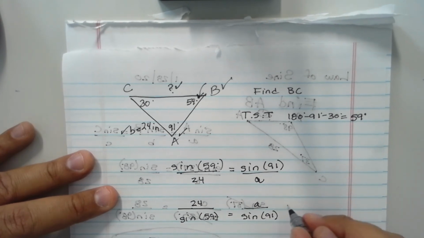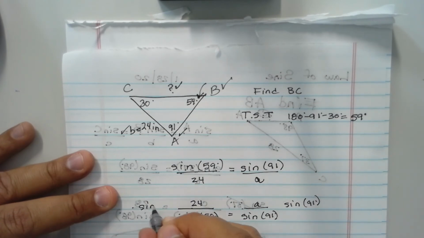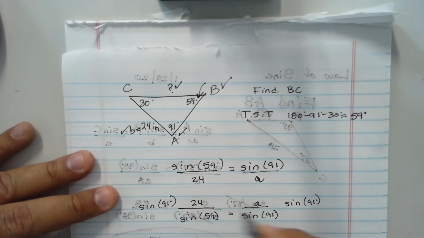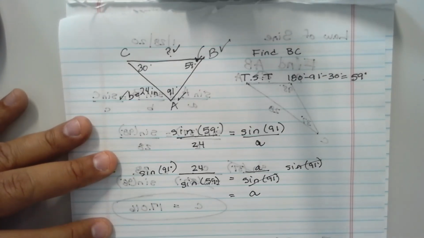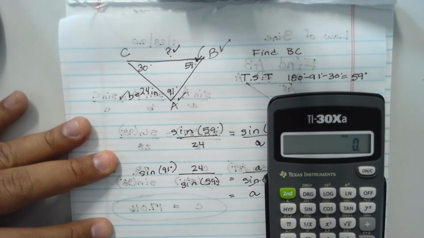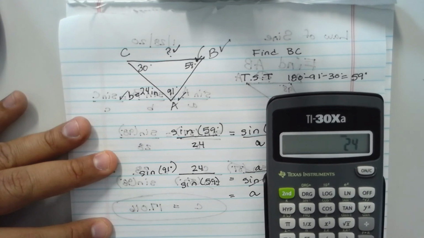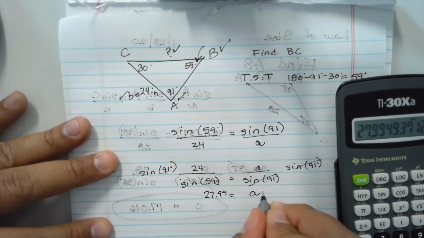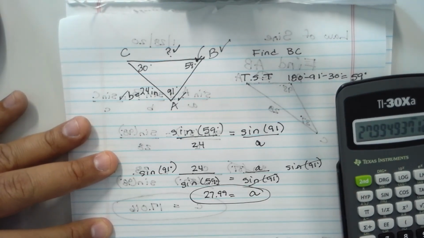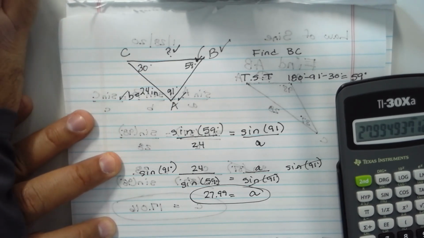To solve for a, multiply sine 91 degrees to both sides. This will cancel out. A is approximately 91 sine times 24 divided by 59 sine. This is approximately 27.99. So it's D, 28 when you round it.